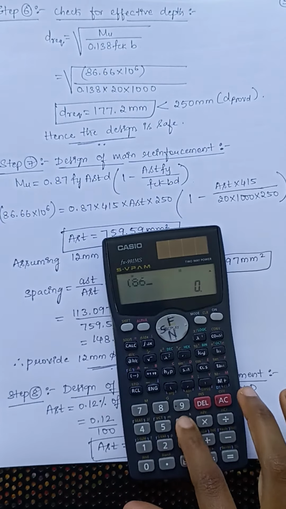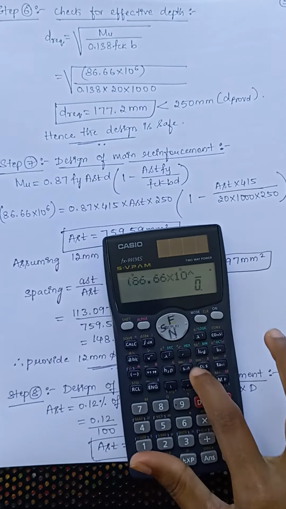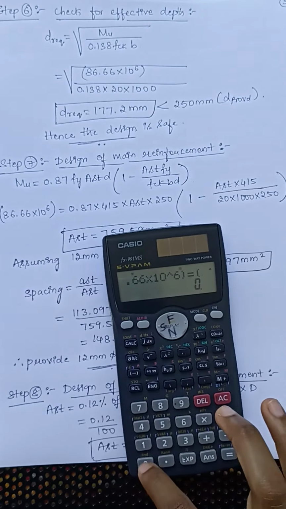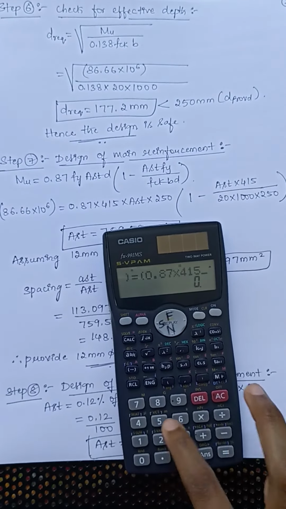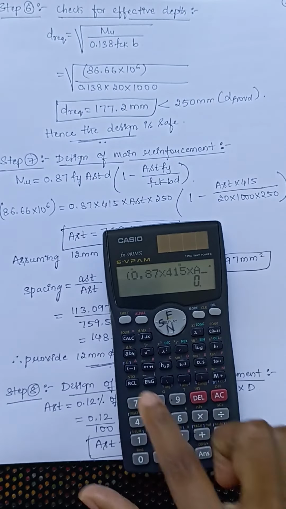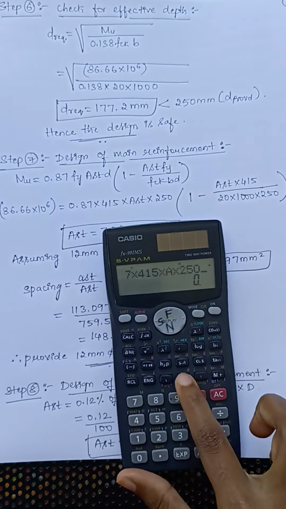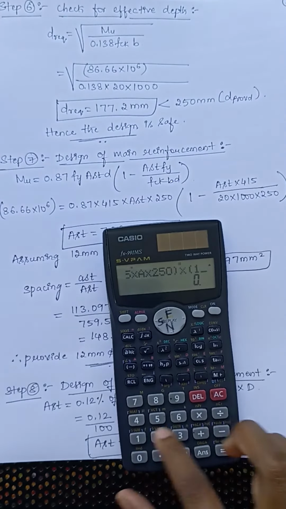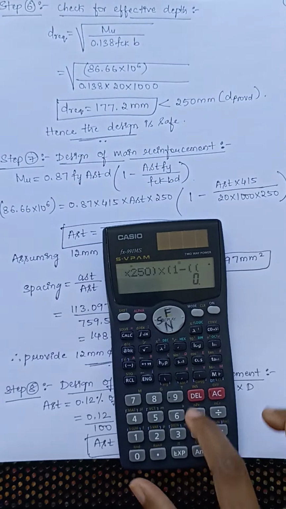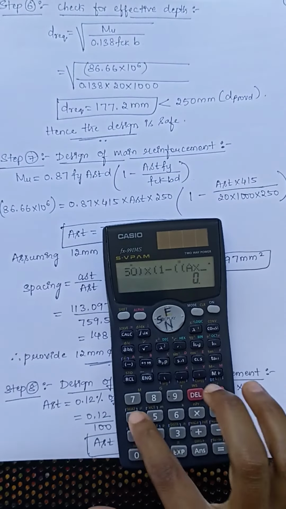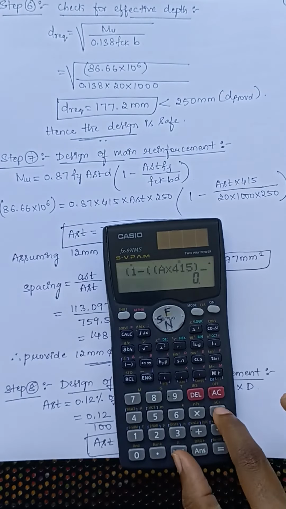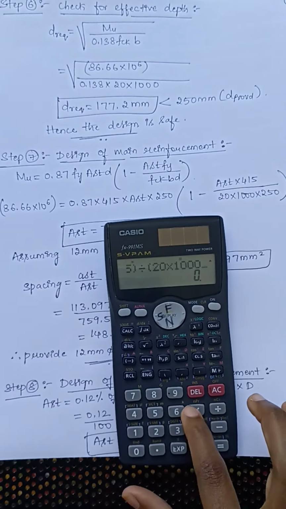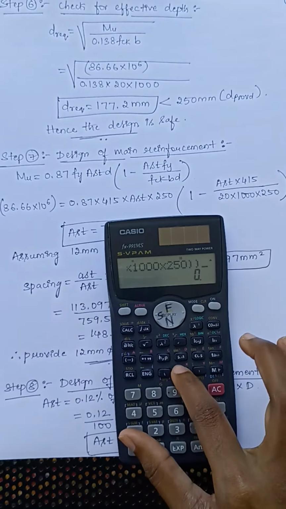Put bracket 86.66 into 10 raised to power 6, close the bracket, shift-solve for alpha: open the bracket, 0.87 into 415 into alpha A into 250, close the bracket, multiply by the bracket of 1 minus alpha A into 415 divided by 20 into 1000 into 250, closing three brackets at the end.